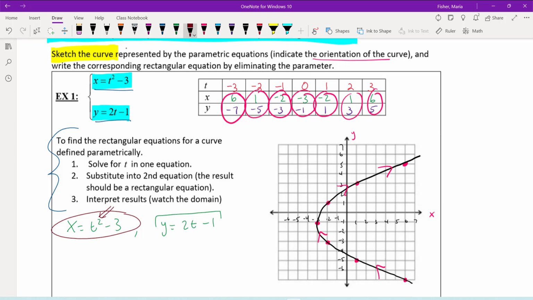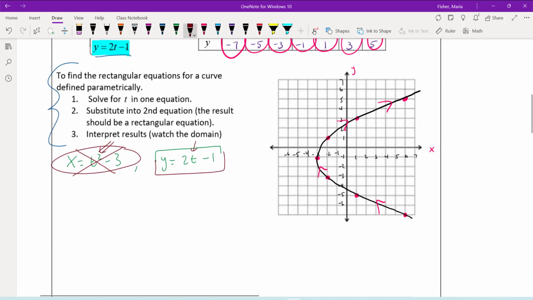So anytime you have t raised to an even power, you're going to avoid using that particular equation because you'd end up with two separate equations. So always use one where your t is either raised to an odd power or something that you can solve explicitly for the variable. So if I solve 2t minus 1 for t, I'd first add 1 to both sides, and then divide by 2, and I'd have (y + 1)/2 is equal to t.